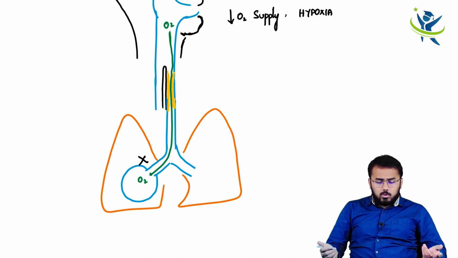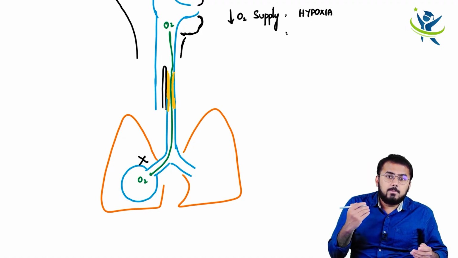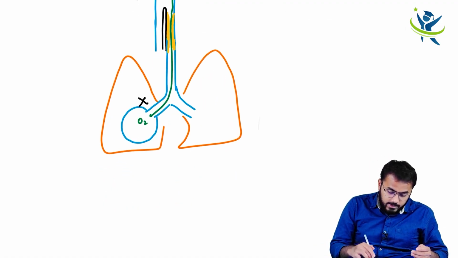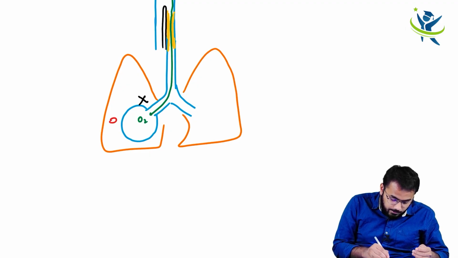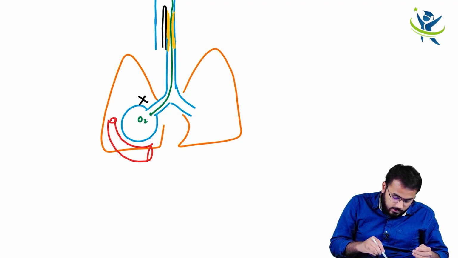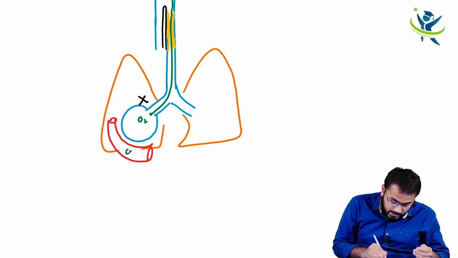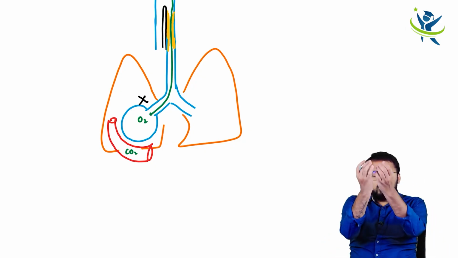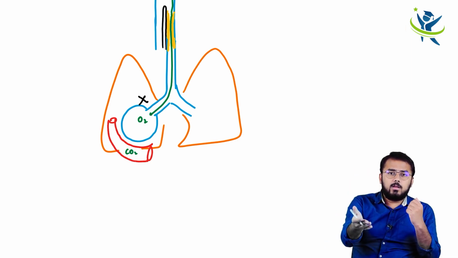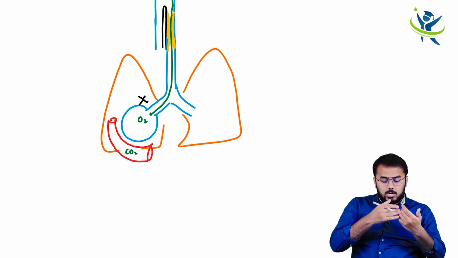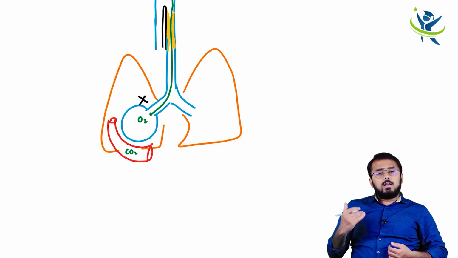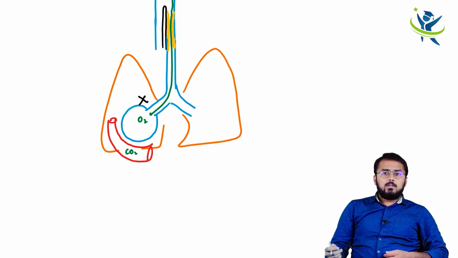And second thing, if oxygen is not coming in, do you think the carbon dioxide can leave? No. So the patient's blood is going to accumulate carbon dioxide. For example, if this is the blood vessel down over here, keep in mind that the blood vessel right now has carbon dioxide. It is an exchange: you give oxygen, I will give carbon dioxide. So oxygen is not entering into the blood, so why will carbon dioxide enter into the alveoli?